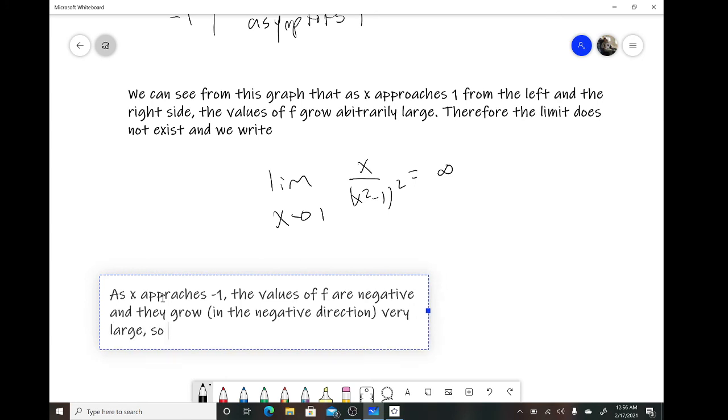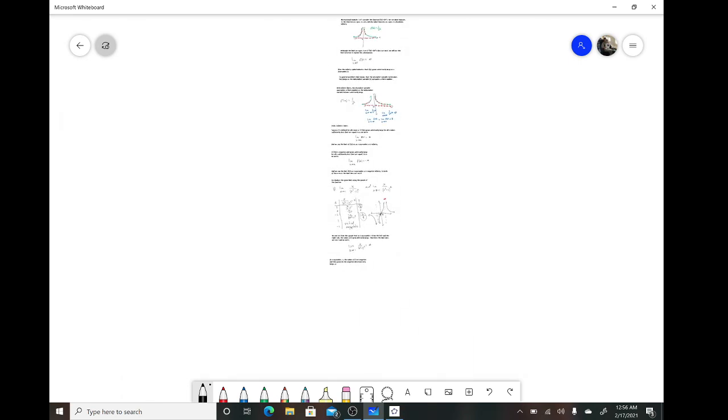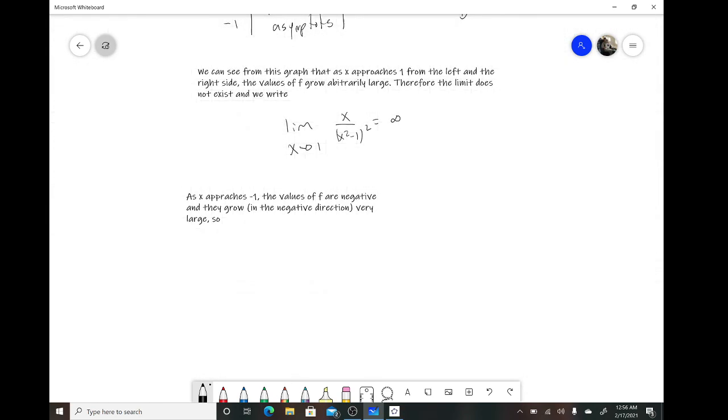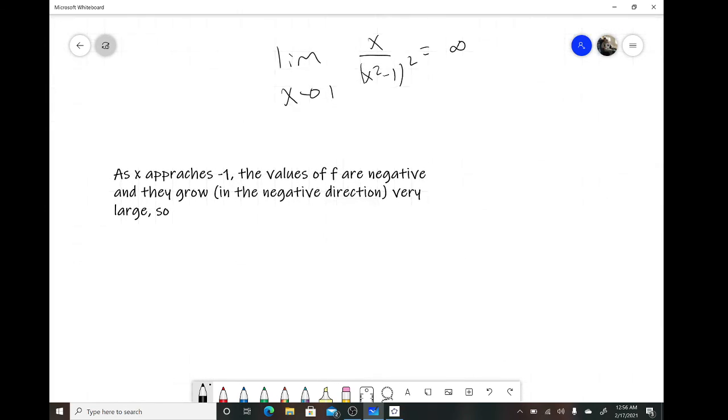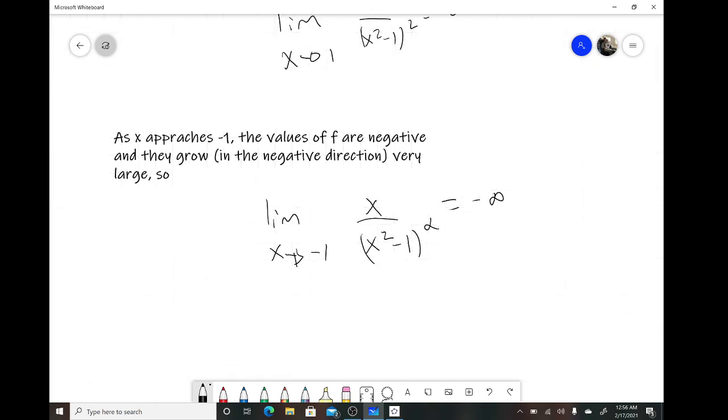So we have that the limit as x goes to -1 of x over (x squared minus 1) squared is equal to minus infinity. Again, these are two-sided limits, and the limits are infinite. One of them is positive infinity, the other one is negative infinity.